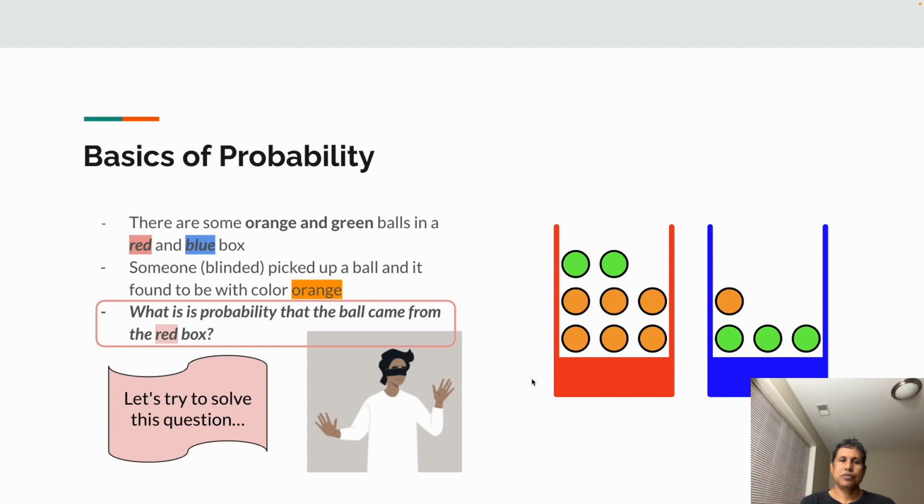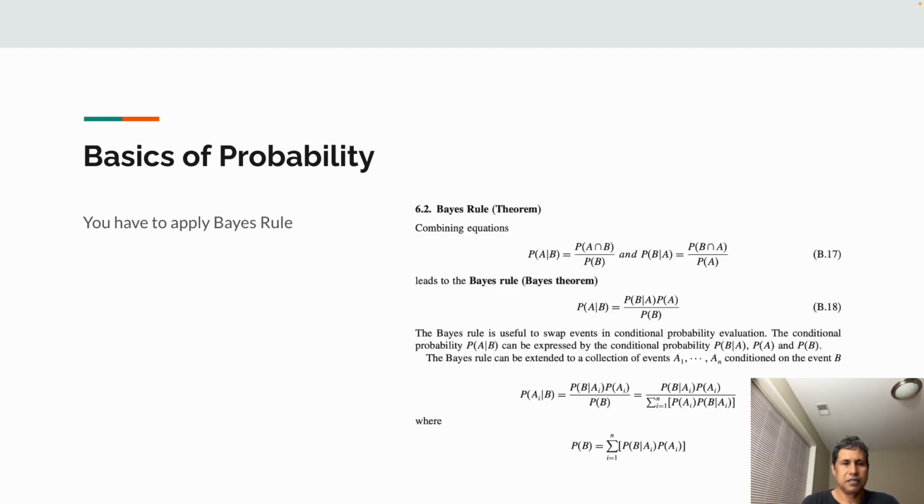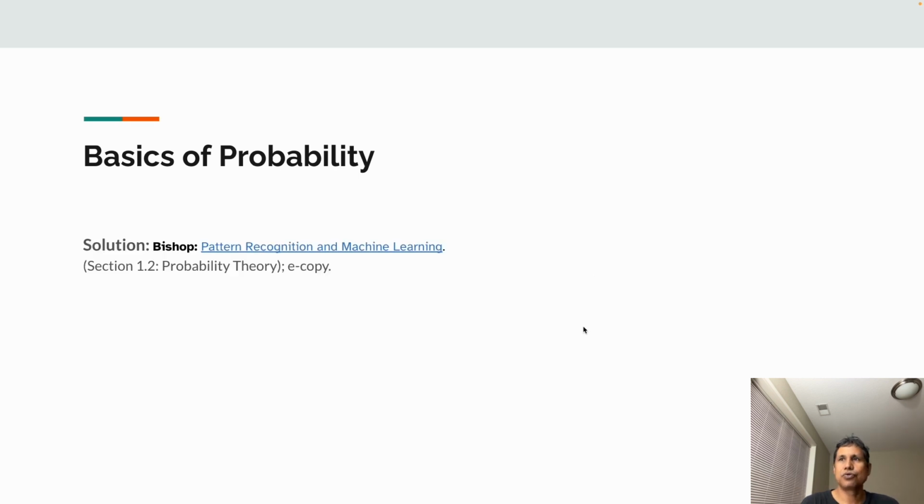To do that, you will need to learn a concept called Bayes rule. The probability of A given B is the probability of B given A times the probability of A, divided by the probability of B, okay?